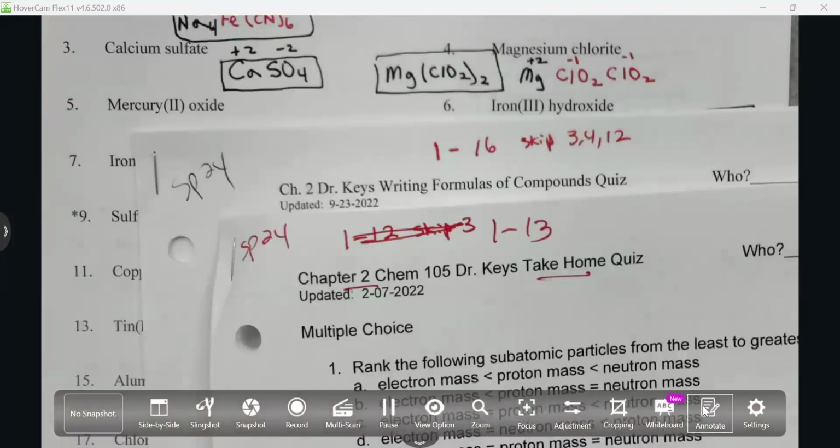Now, we did formulas of compounds. This wasn't supposed to be up there. I don't know if it's gonna work. Ah, it's good. It might work. But the formulas of compounds are the exchange of electrons, yes?